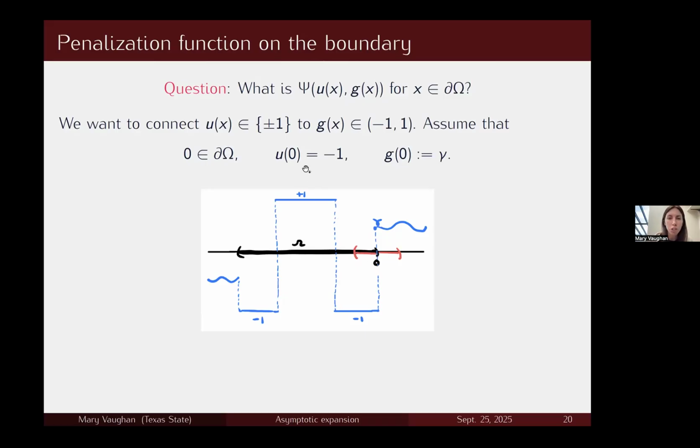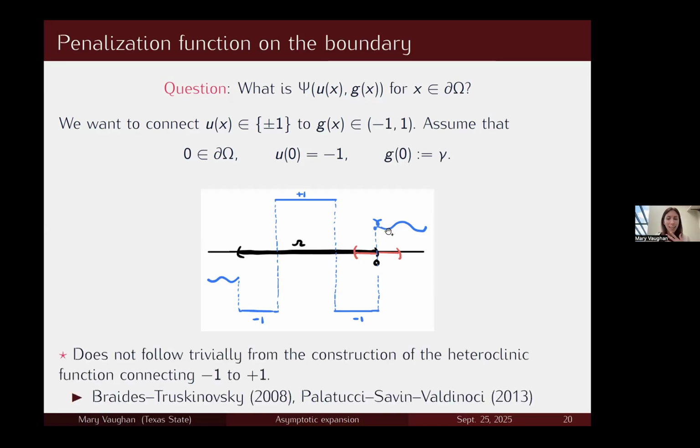We'll assume, again just to normalize the problem, that U at 0 is -1, defined in the trace sense. So you're jumping from -1 up to your boundary data, which I'm going to call gamma. So G at 0, at that boundary point, I'm going to call gamma. Here I drew it above 0. It could be down here, but this is just a sketch. And as I say, I want to somehow energetically make the jump from -1 up to gamma. And as a note, this doesn't follow from what's done in the interior from -1 to 1. We tried to make it work.